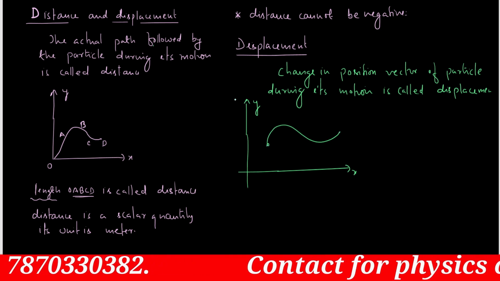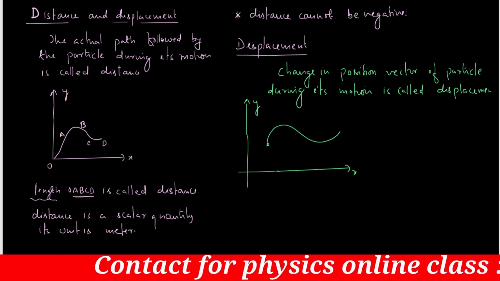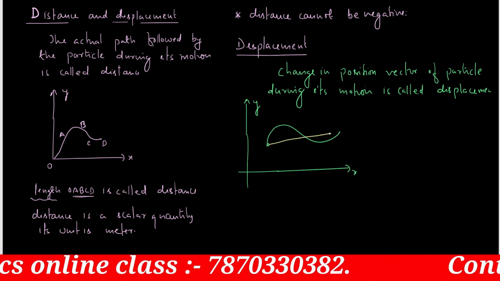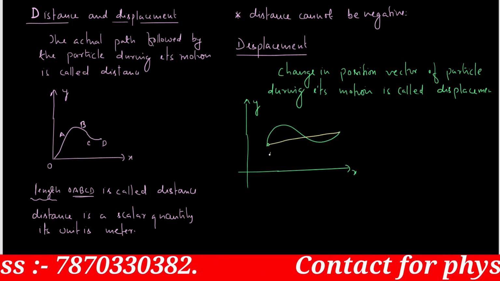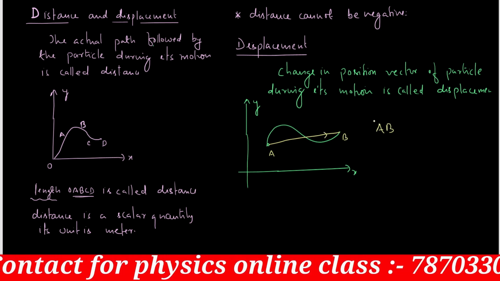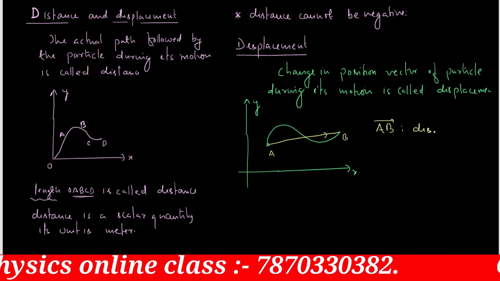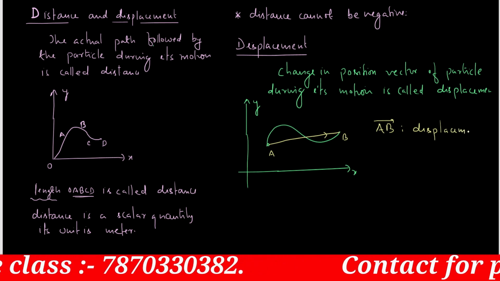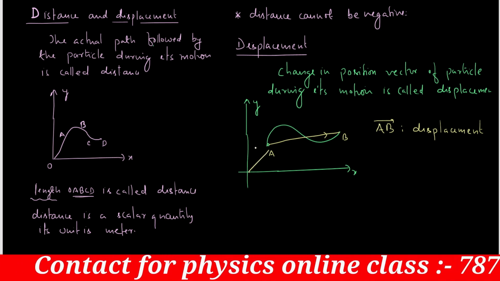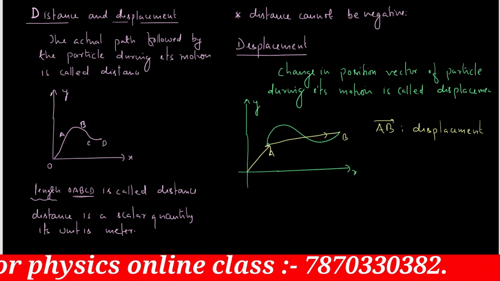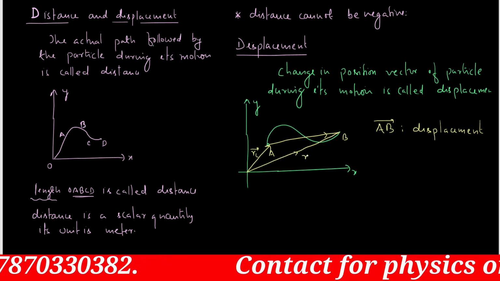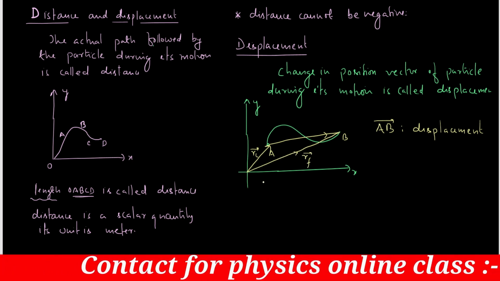Say this is point A, this is point B. The quantity AB is called displacement, and this was the initial position vector, you can say R initial, and this was the final position vector, you can say R final.